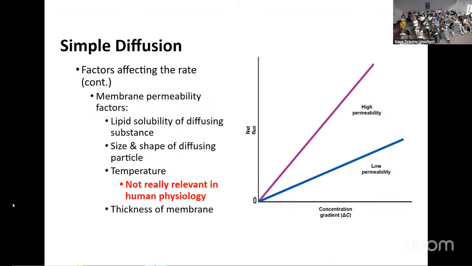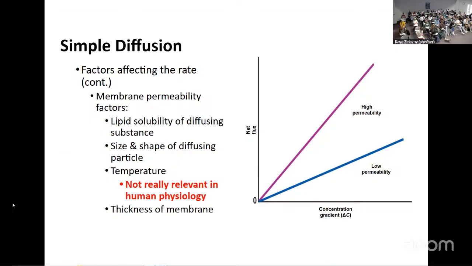Some are very lipid soluble. There's a little bit of a difference possible between different molecules. We also have the size and shape of that diffusing particle. Basically, big chunky things are going to have a little bit of a harder time crossing a membrane, even if they are lipid soluble and should be able to do it.